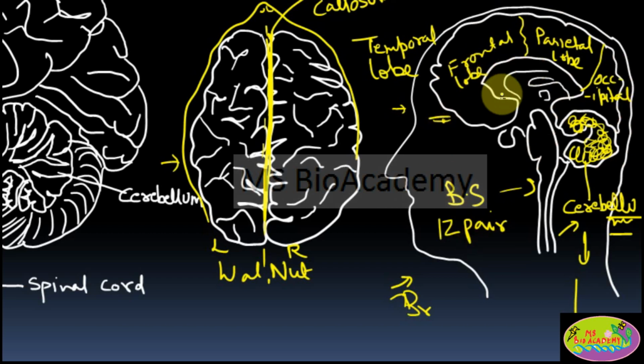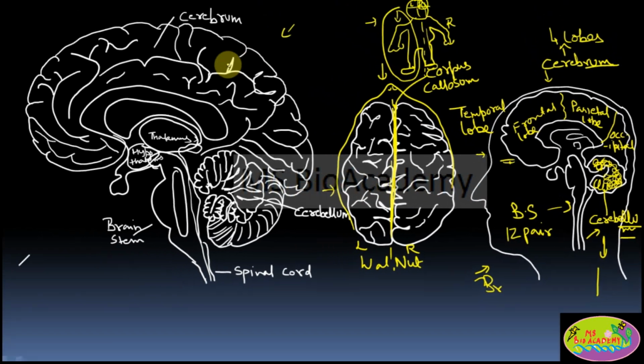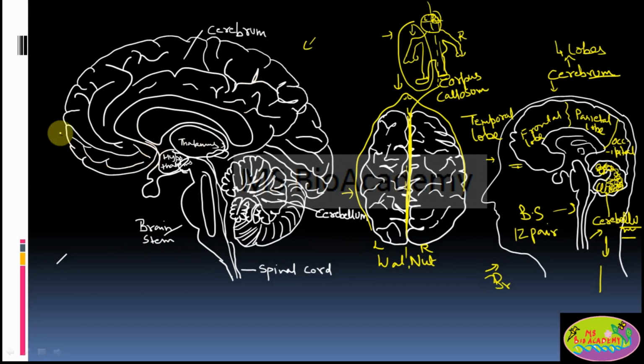Now if I am going to explain the cerebrum and its different parts in a more detailed way, we can look at this picture here. This is again a detailed explanation of the brain structure. The uppermost part is the cerebrum, as I've told you, and we have discussed that it is divided into 4 lobes.